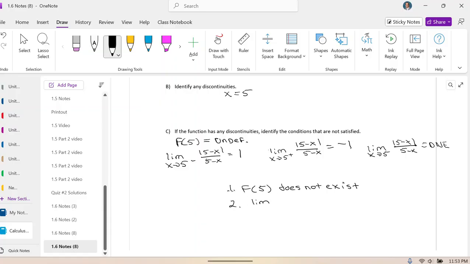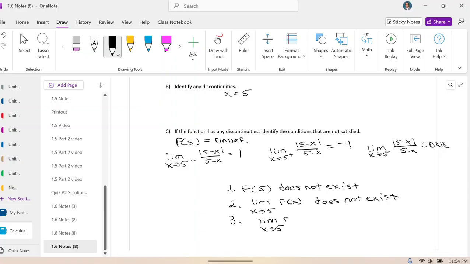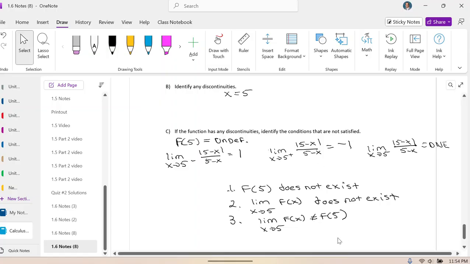The limit as x approaches 5 of the function does not exist. And that means that the limit as x approaches 5 of the function does not equal the function value. So all 3 conditions are not satisfied in this one.